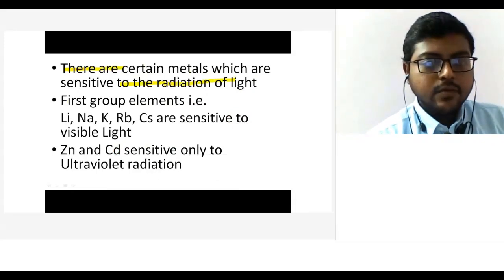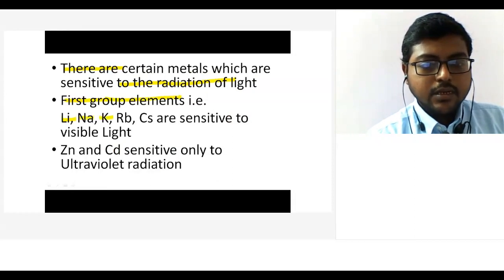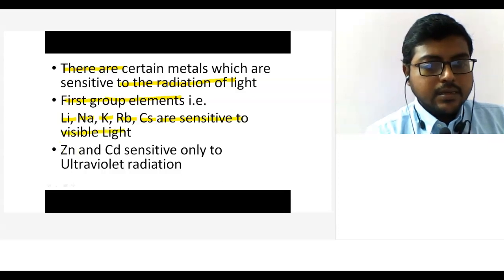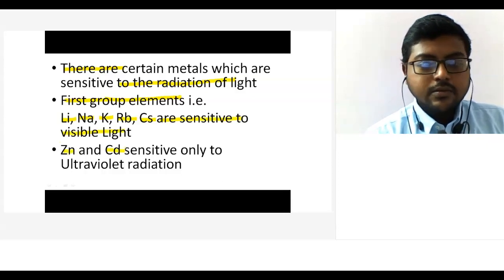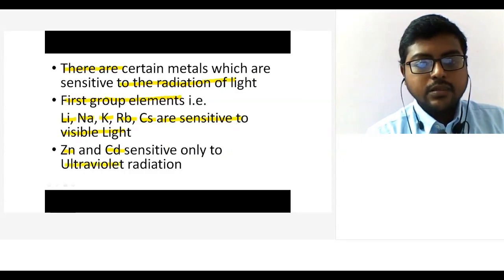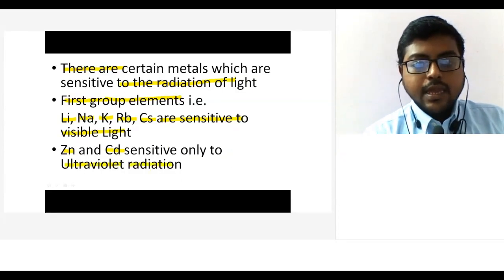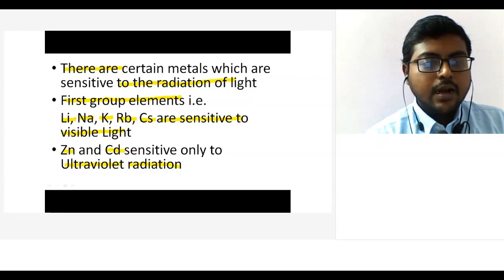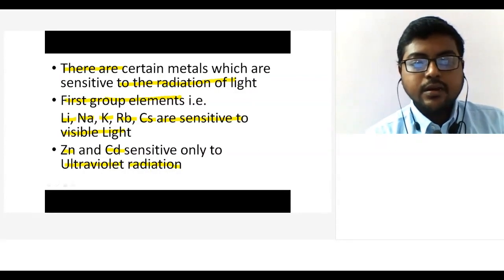The first group elements, that is lithium, sodium, potassium, rubidium, cesium, are sensitive to visible light. Zn and Cd also are sensitive, but only to ultraviolet radiation. So they can emit electrons when ultraviolet radiation strikes their surface.